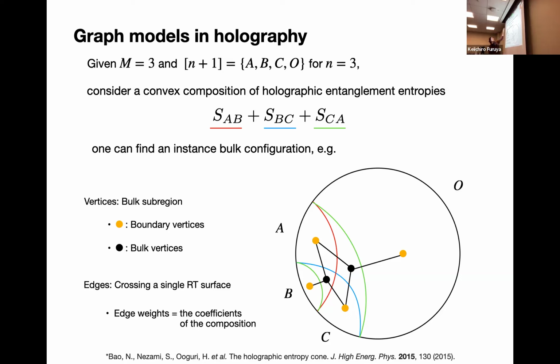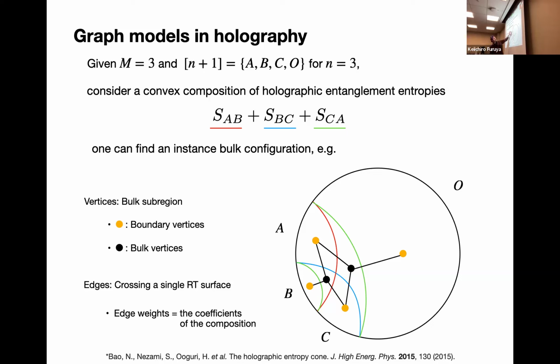The graph that I'm going to define on the constant time slice is defined as follows. It has a set of vertices and a set of edges. The set of vertices is defined on the bulk subregions, and the bulk region here is partitioned by the RT surfaces.